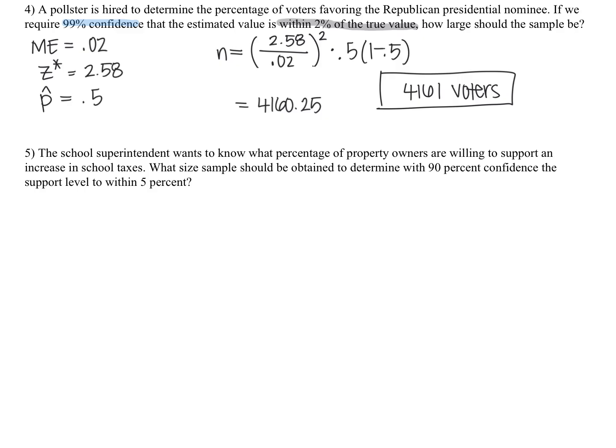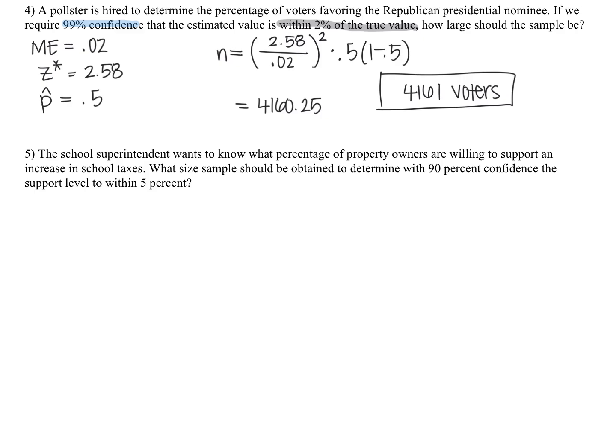Our next example says the school superintendent wants to know what percentage of property owners are willing to support an increase in school taxes. What size sample should be obtained to determine with 90% confidence the support level to within 5%. So it's exactly the same as the previous problem. So margin of error is within 5%, so that's going to be 0.05.